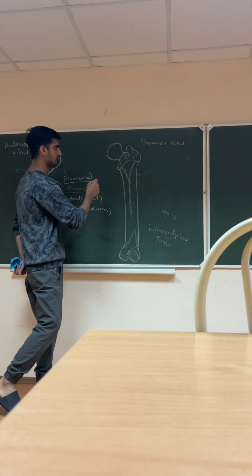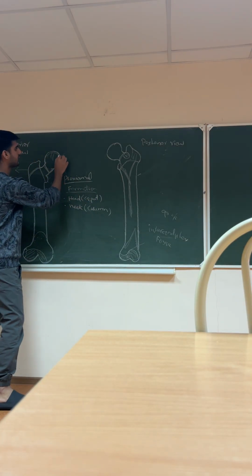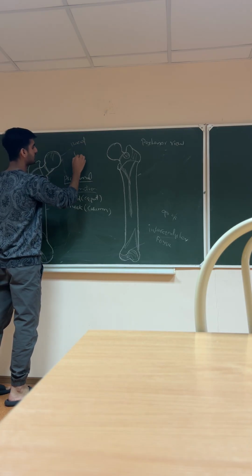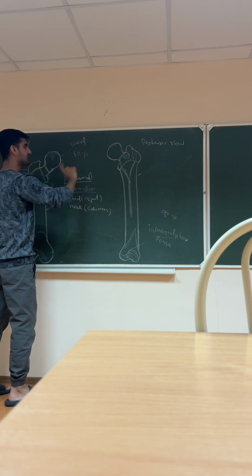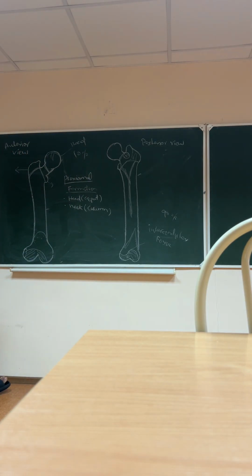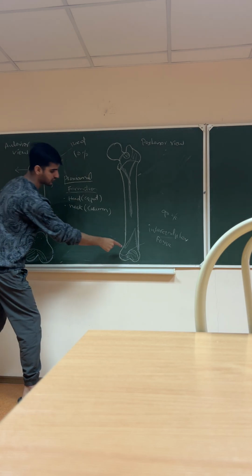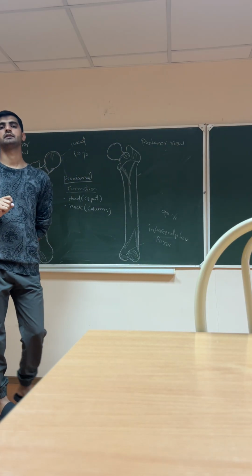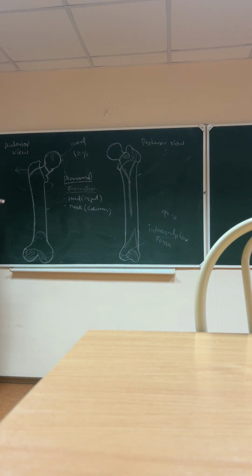The head medially is only 10%, because on both sides you will recognize the head is medial. The head is always medial, and the intercondylar fossa is always on the posterior surface.